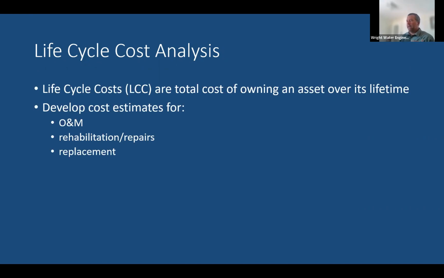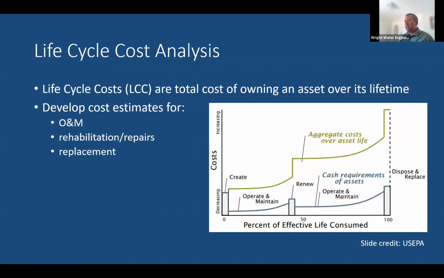And so if we've implemented our CMMS and we've been tracking all of our maintenance costs and repairs and replacements and things like that, we have a database of what we think it costs to maintain and own these assets. And this is where we can really start to use this information to figure out, is it cheaper to repair or replace an asset now, or leave it until it's at the end of its life?